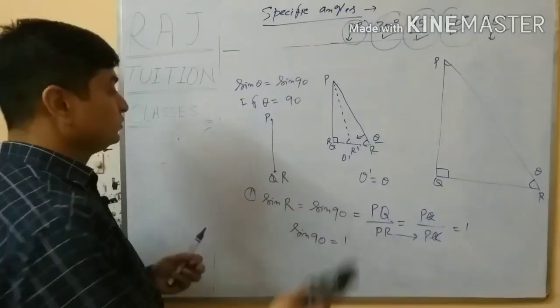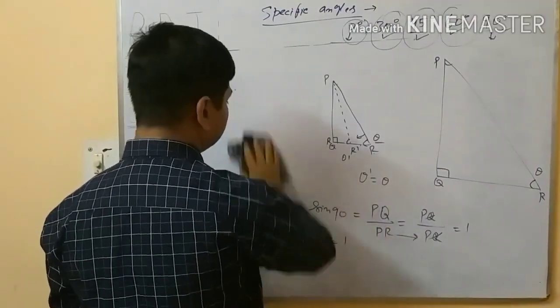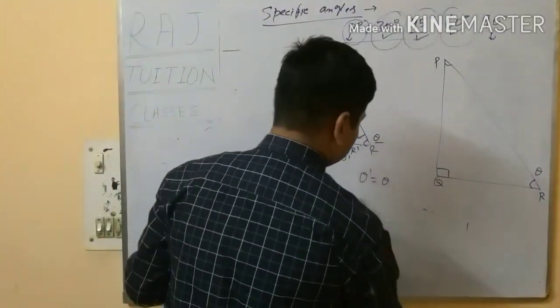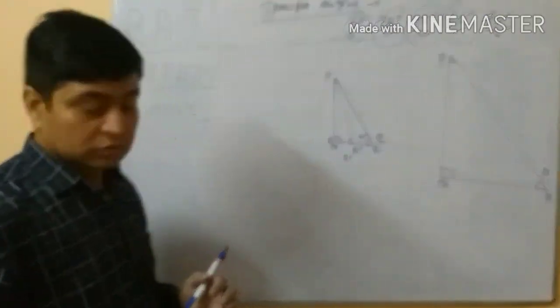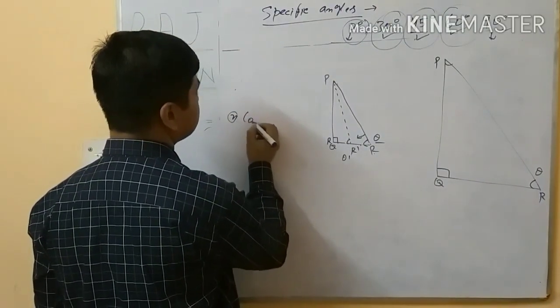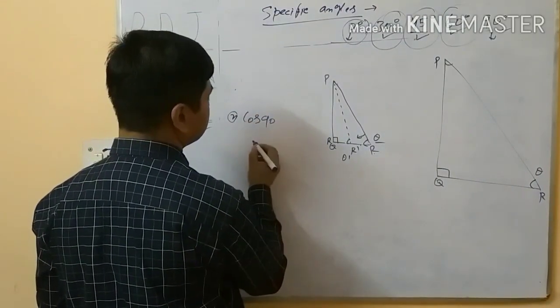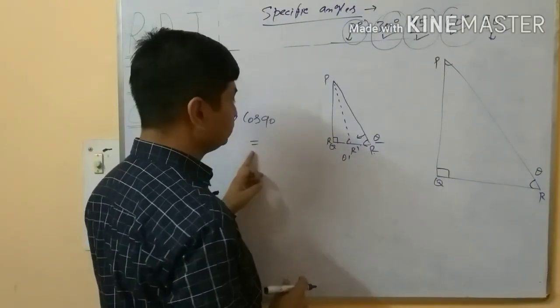Okay, just look at the next value. I'm not going to erase this, only the value. The next ratio is cos of 90 degrees. So what is the formula? It is side adjacent.